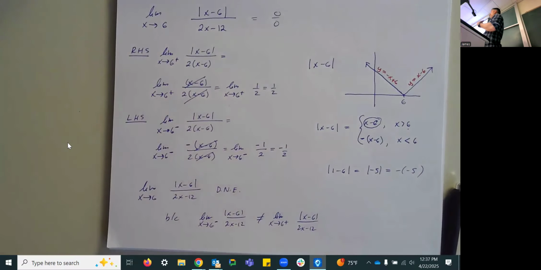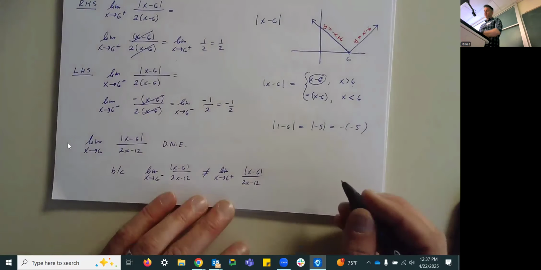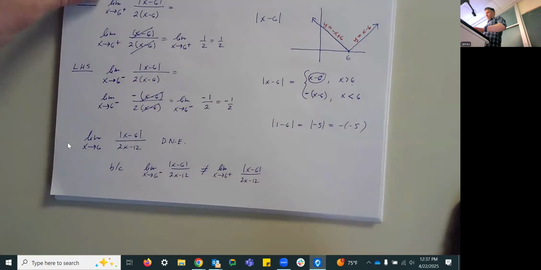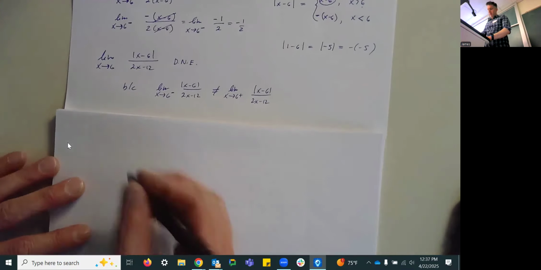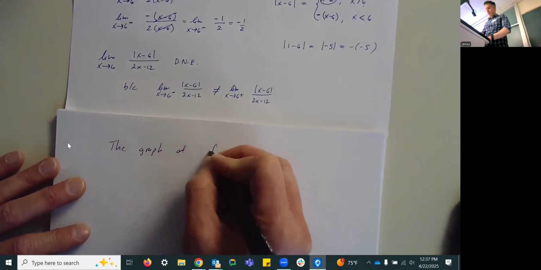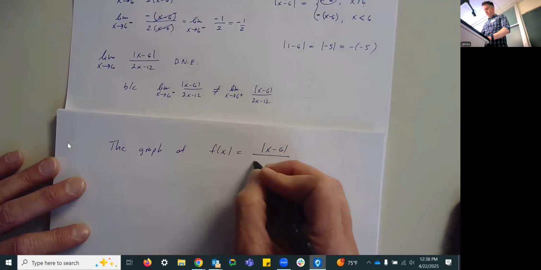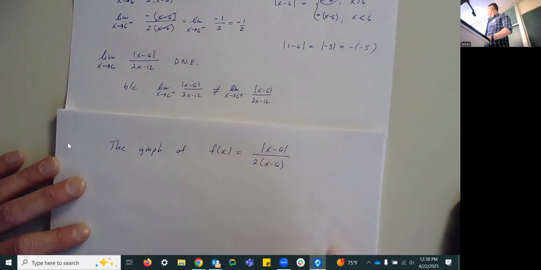You could also graph this thing. It's interesting if you graph the function. Let's give myself some more room here. So I want to point out the graph of f of x equal to the absolute value of x minus 6 over 2 times x minus 6.